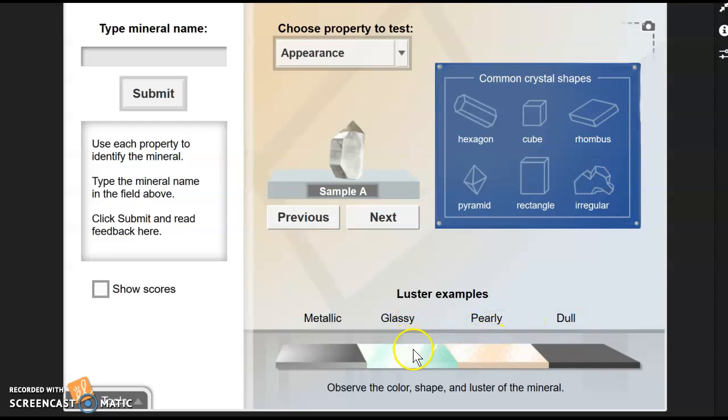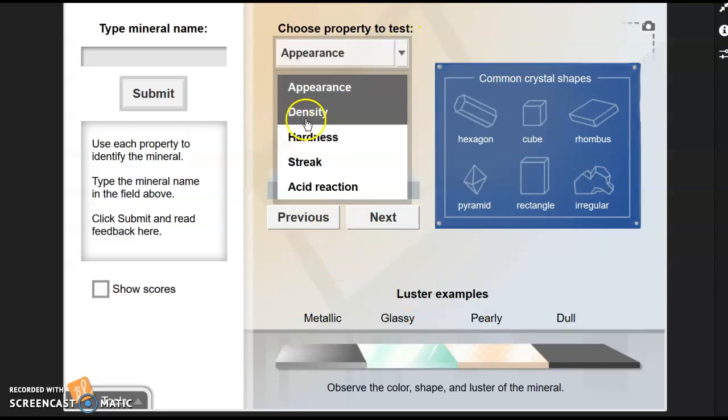Is it glassy? Or is it metallic? Now, I would say that this one looks somewhere between glassy and pearly, probably glassy would be closer. But these are the shapes and the colors that we're going to see. It's kind of glassy, pearly, and a whitish color.